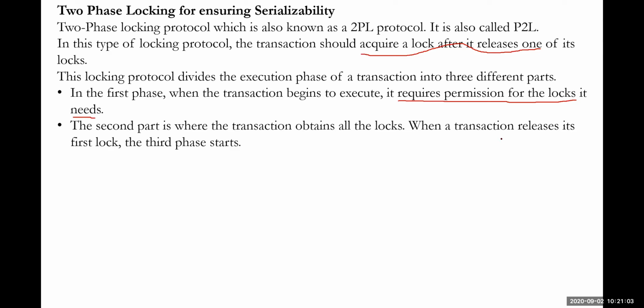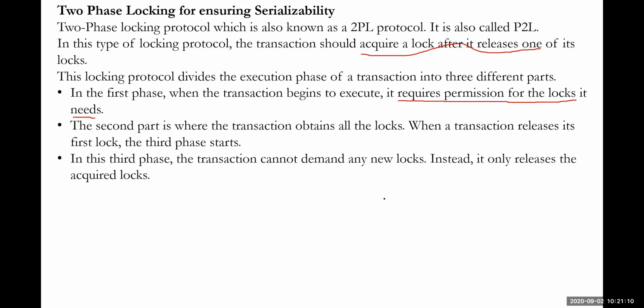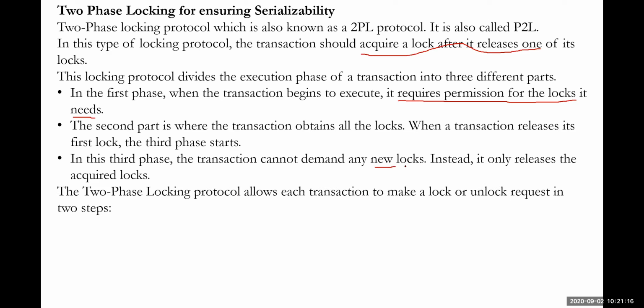Then the second phase: when the transaction obtains the locks and then releases its locks, it starts the third phase. In the third phase, the transaction cannot demand new locks after releasing at least one lock, the first lock.